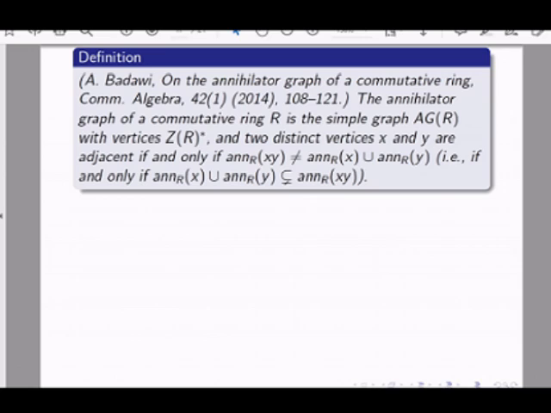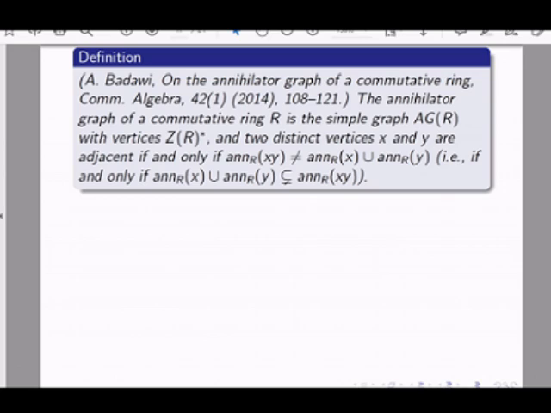The vertices will be the non-zero zero divisors, and two vertices x and y are connected if the annihilator of xy is not equal to the annihilator of x union the annihilator of y.